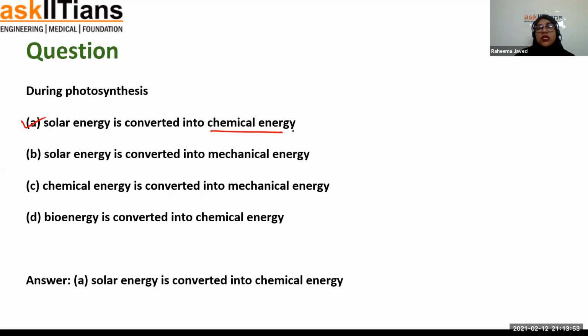The chemical energy which is synthesized is glucose.